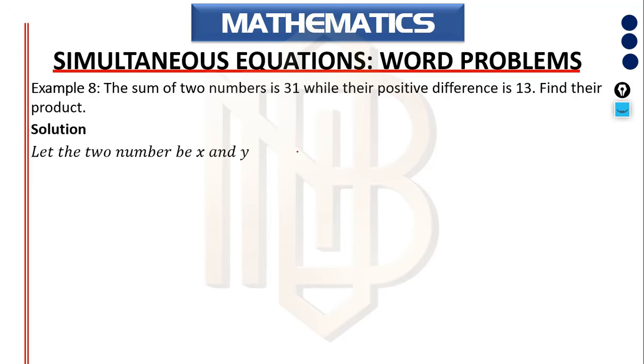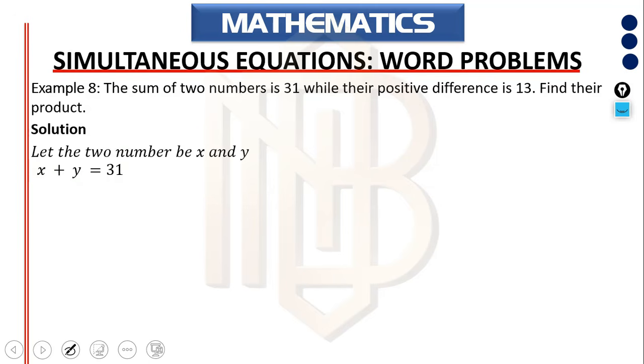According to the question, it says the sum of two numbers. So that sum can be represented as x plus y, which is equal to, according to the question, 31. That's why we have this. Okay, while their positive difference?